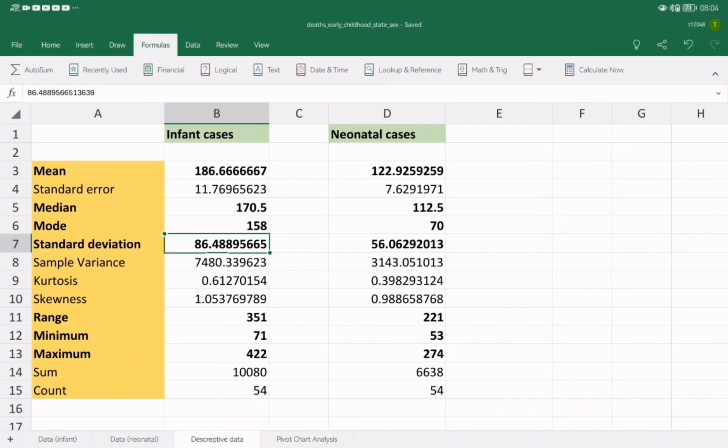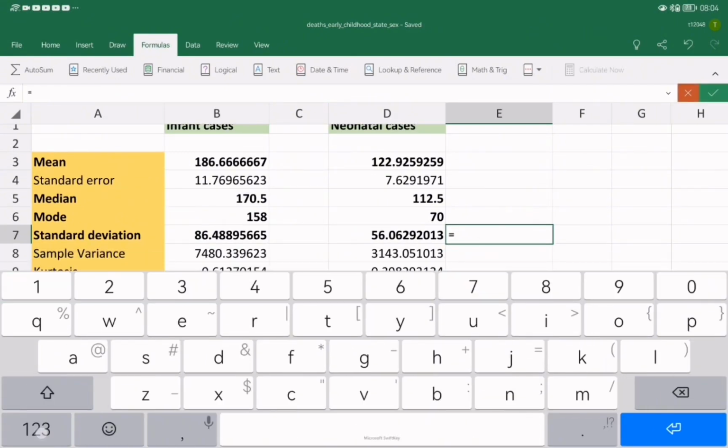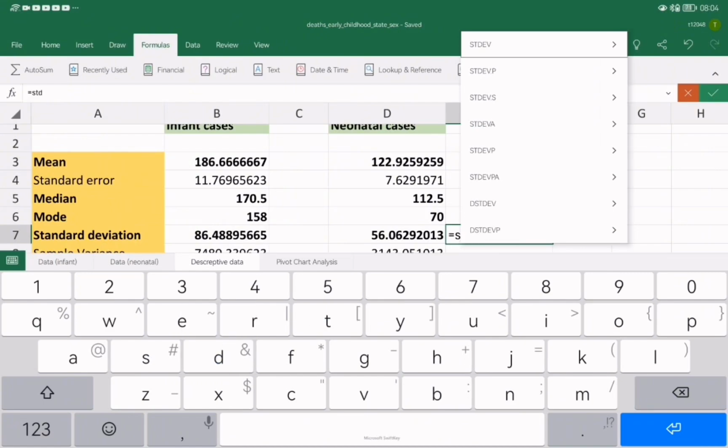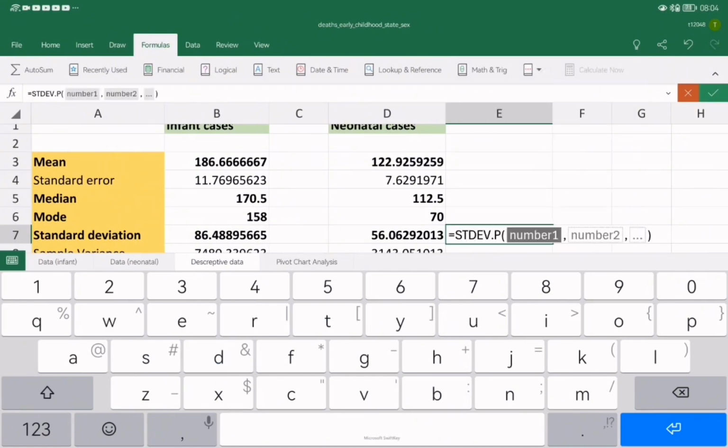How do I get the standard deviation? The standard deviation formula is STDEV.P. So this is the standard deviation formula. Just put the numbers according to the data.